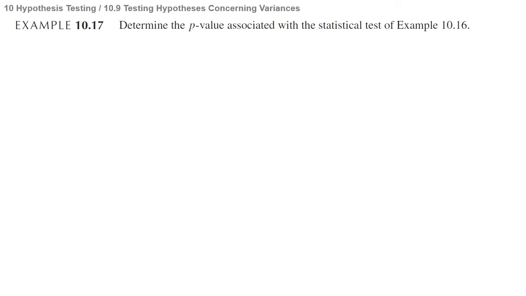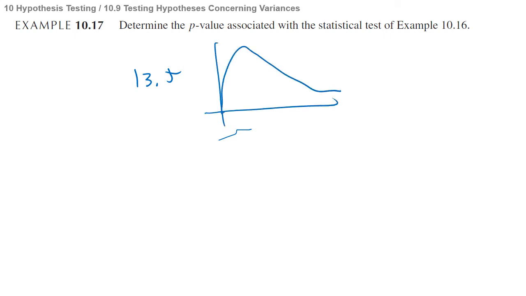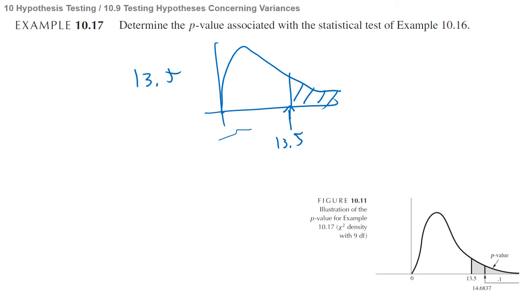Next one is example 10.17. Determine the p-value associated with the statistical test of example 10.16. Previously, the test statistic that we calculated is 13.5. So what we'd like to calculate is the area here, beyond 13.5.